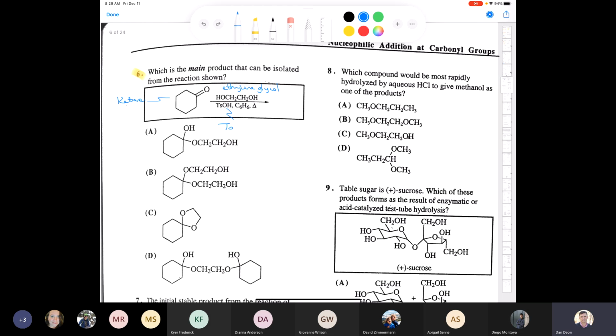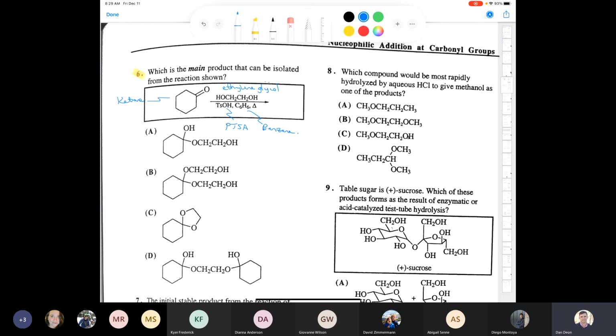C6H6 just means you're doing the reaction in benzene. The reason you would do this reaction in benzene is that benzene and water are immiscible, so this would be a good way to remove water from a reaction using a Dean-Stark trap, which I went over with you.